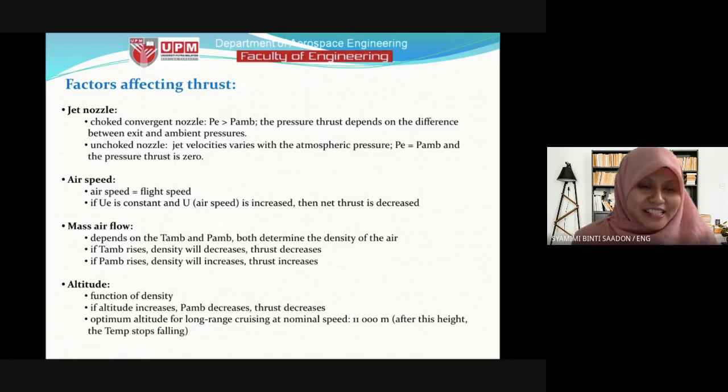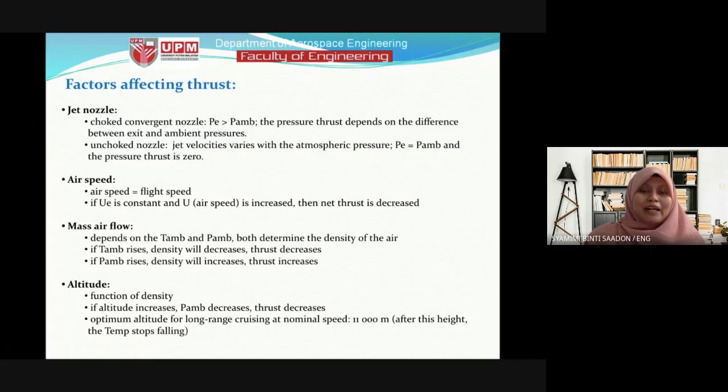Actually, this correlation, this definition about the jet nozzle affecting the thrust, relates to your prior knowledge. You have to flash back a bit. It's about the effect of Venturi. You will also do an experiment on the Venturi effect in the thermofluid lab with me.